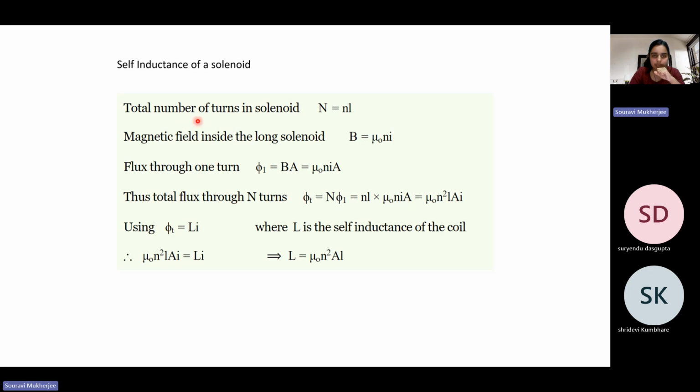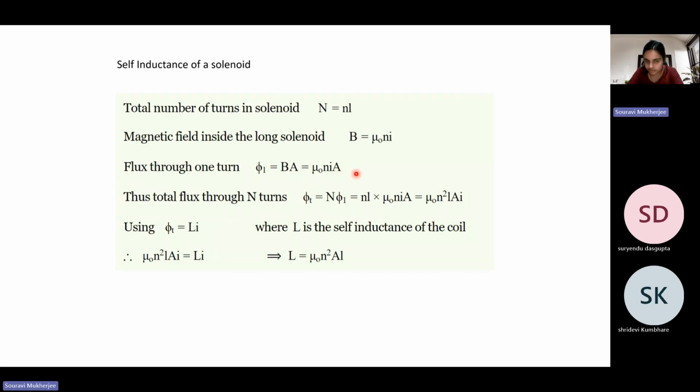So if you have the number of turns in a solenoid, if total turns is given as N into L, where L is the length of your solenoid, and the magnetic field inside is given as mu 0 N i, so basically you know what the flux is, which is nothing but mu 0 N i into A. Flux is just field into area, surface integral.